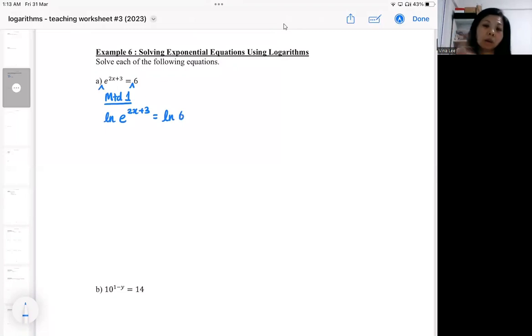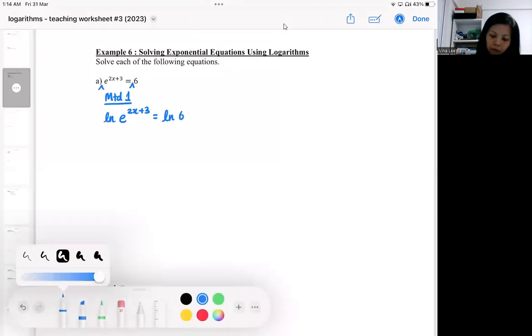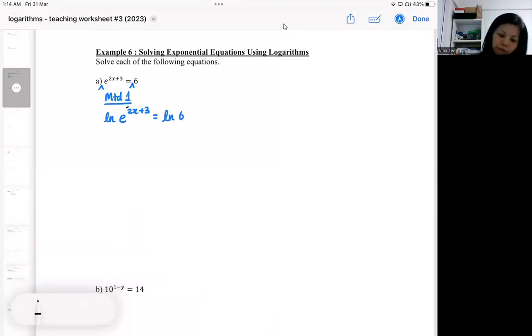You cannot insert two ln. So why are we doing this? Because ln is a form of logarithm. Once you introduce a log, the power can be brought down, according to rule number 5.